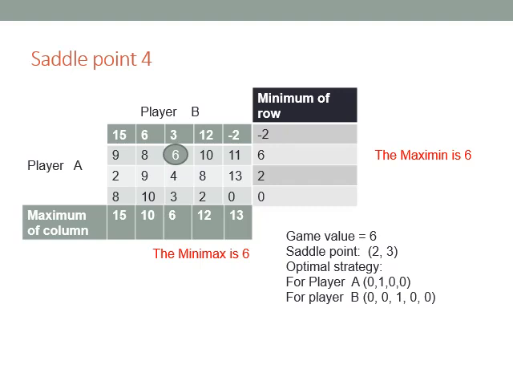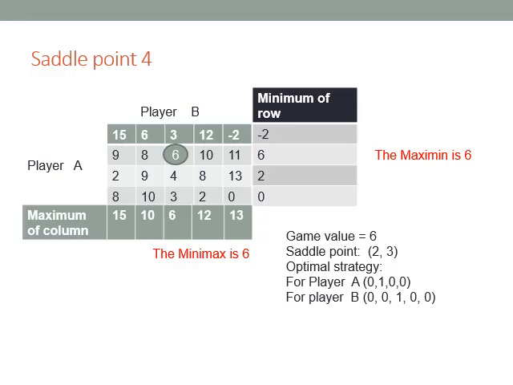And 6 is more than 3, more than 4. And 10 is more than 8. 12 is more than 8, more than 2, more than 10. And 13 is more than 0, more than 11, more than negative 2.